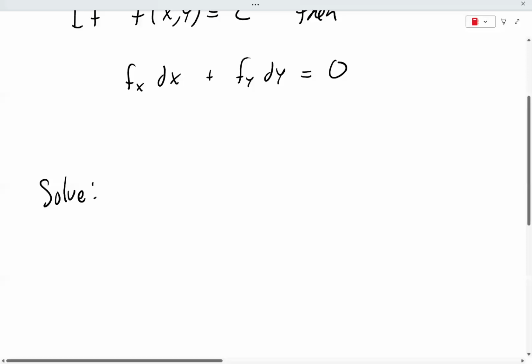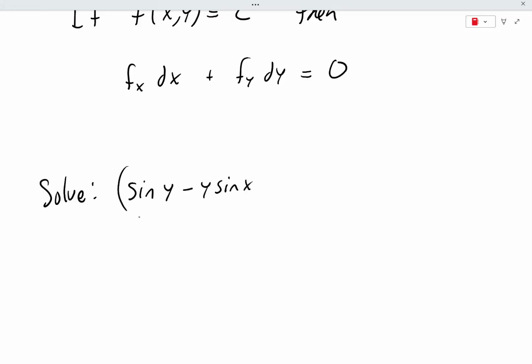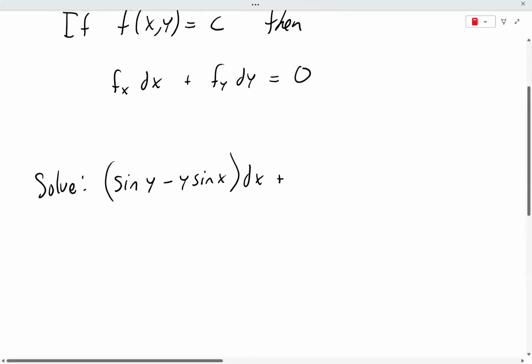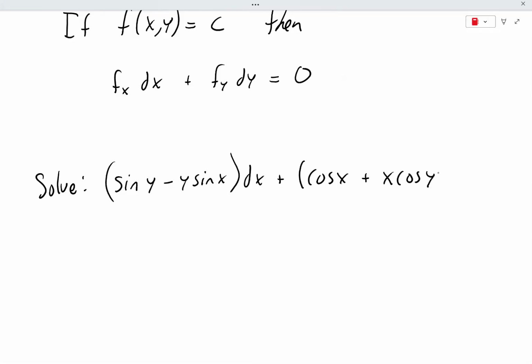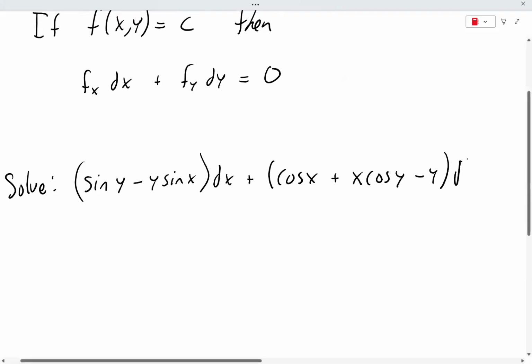Okay, so let's say we got this one, plus a little bit wordy here. Okay, so let's see how to solve this.